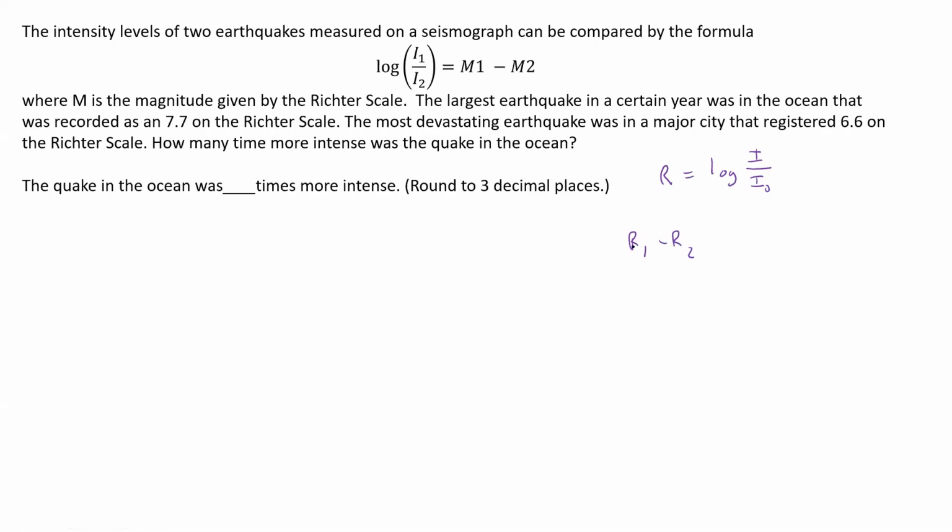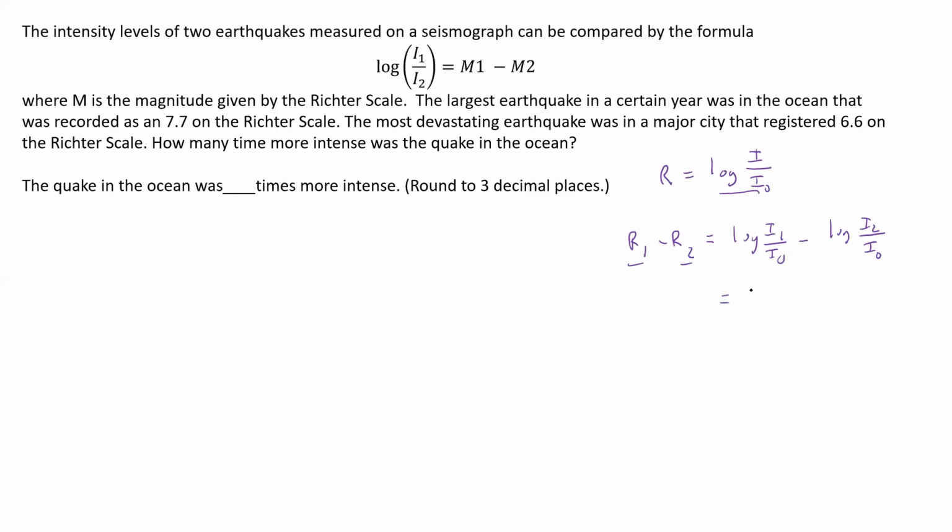That would have been the R here, and this one they call M. Doesn't matter, however you want to label it. Then we would have had the first one, the log of I1 over I naught, minus the log of I2 over I naught. We would have just changed it from I to I1 and I2 so we could differentiate them.